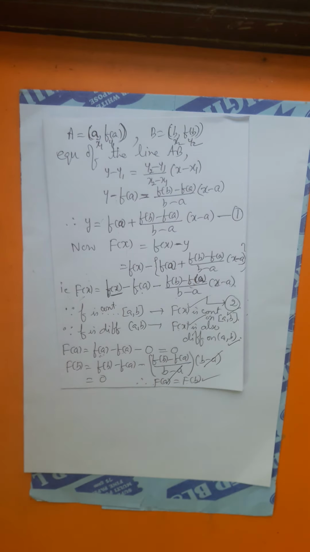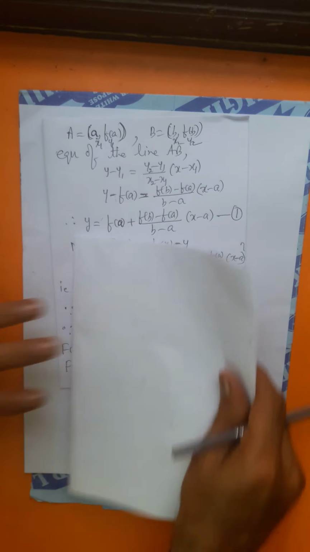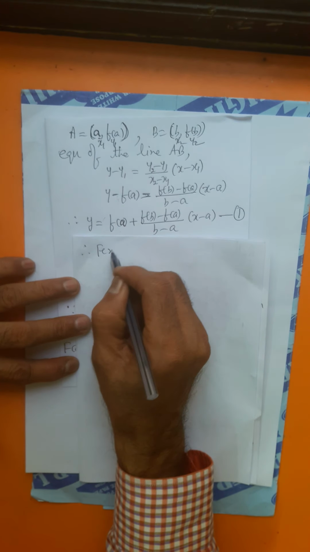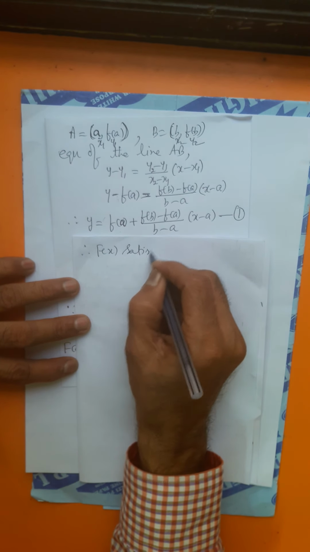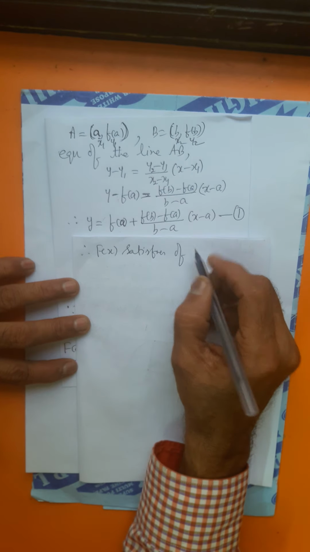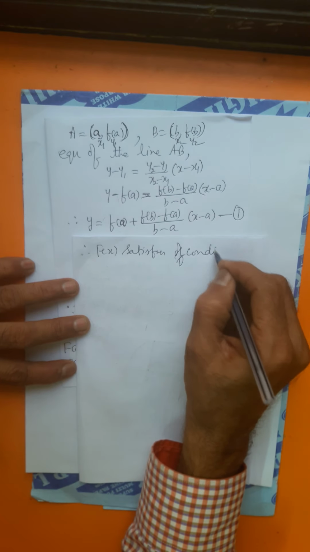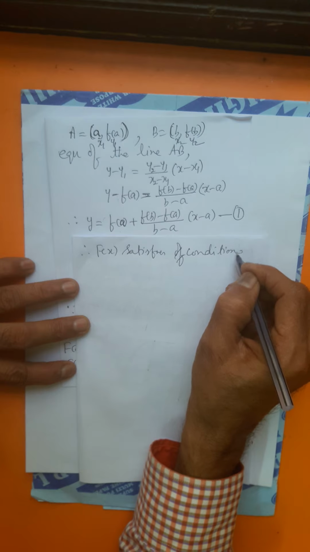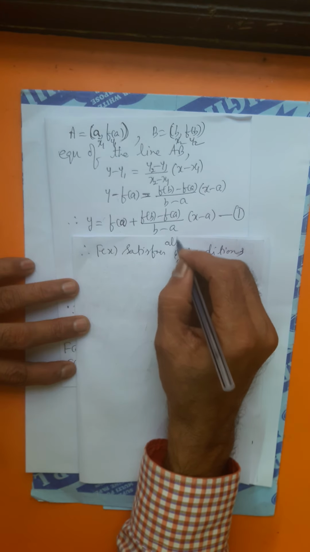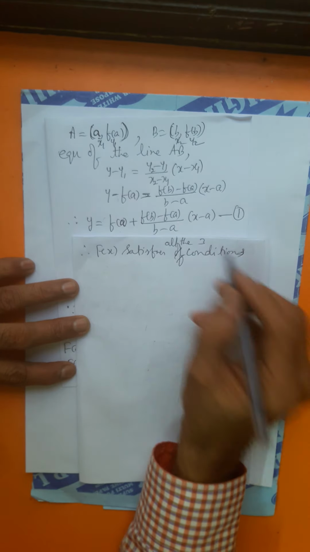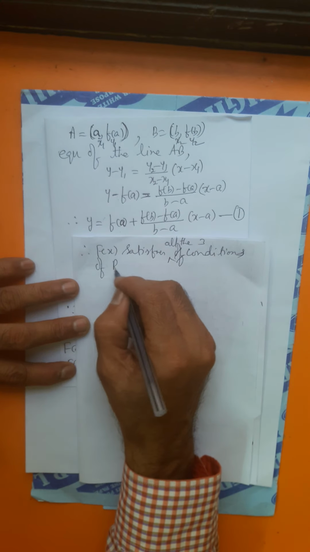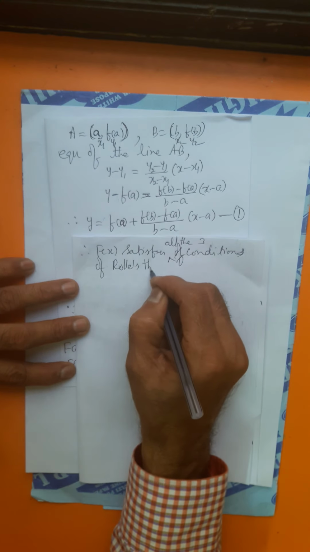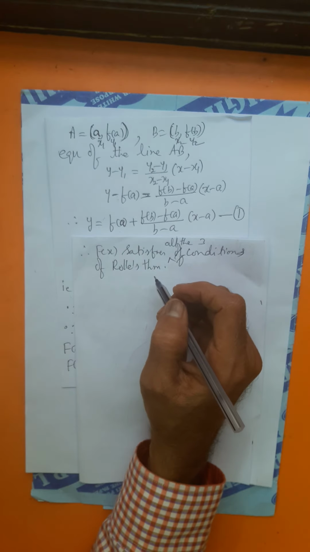This means that capital F satisfies all the three conditions of Rolle's theorem. It satisfies all the three conditions of the Rolle's theorem.